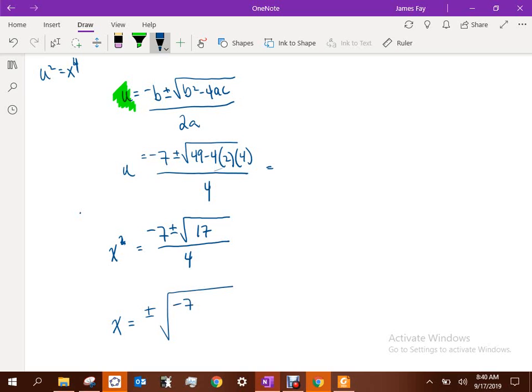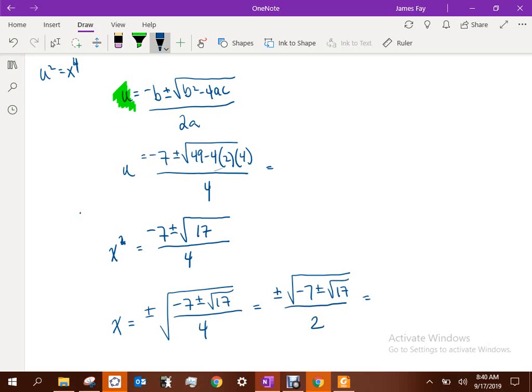Now it'd be negative 7 plus or minus root 17 all over 4. Now we can clean that up a little bit. Negative 7 plus or minus root 17 all over 2. You guys agree with that?